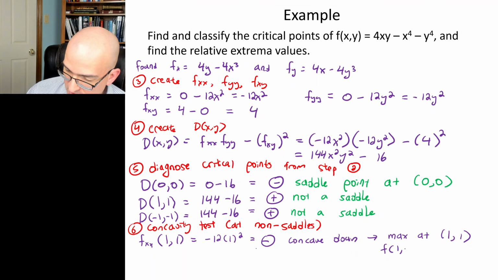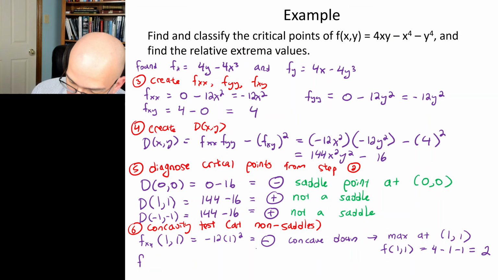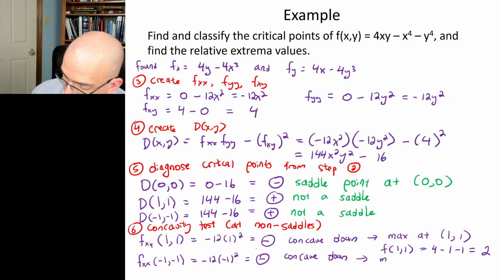f of 1, 1 is 4 minus 1 minus 1, which is equal to 2. Now f double x at negative 1, negative 1, we'll have negative 12 times negative 1 squared. Still negative, still concave down, still a max. Max at negative 1, negative 1.